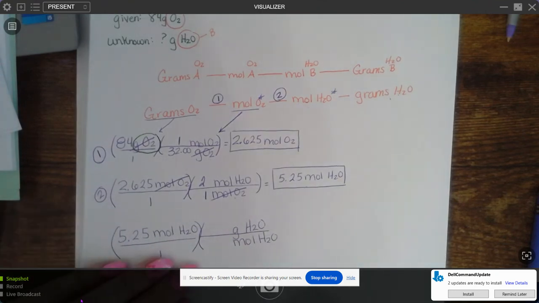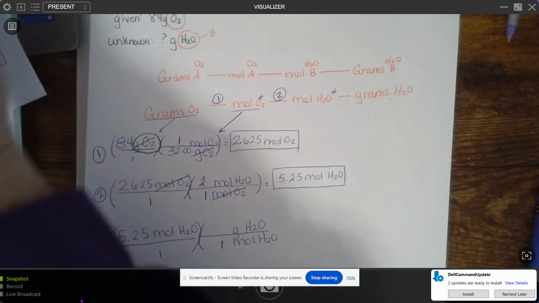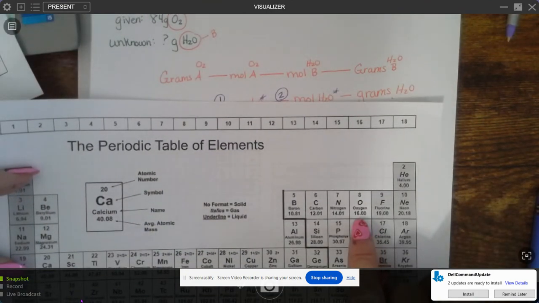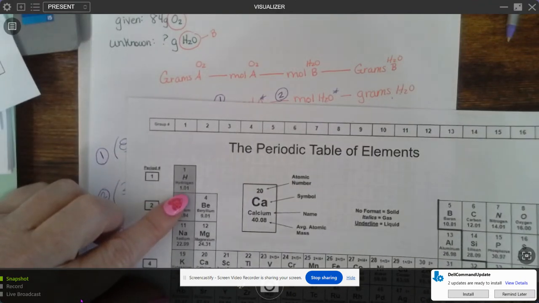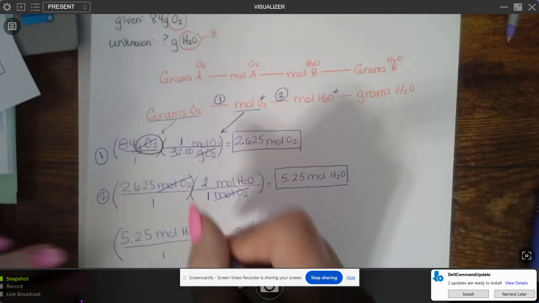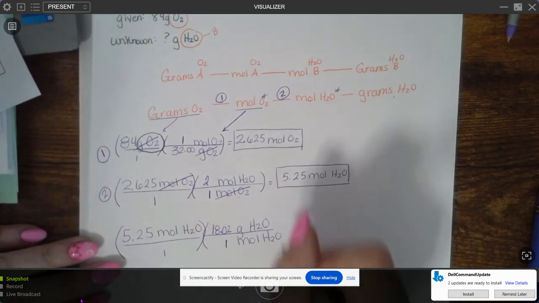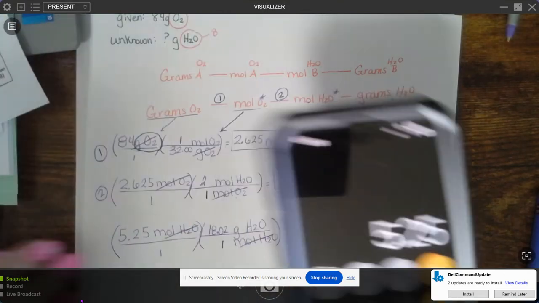Okay, so I use the molar mass here. I know that 1 mole of water has a mass of H2O. So oxygen is 16, and I've got 2 hydrogens. So 16 plus 2.02 is 18.02 grams of water.